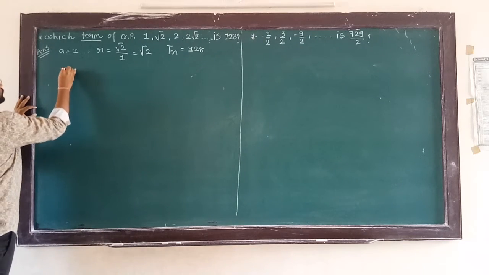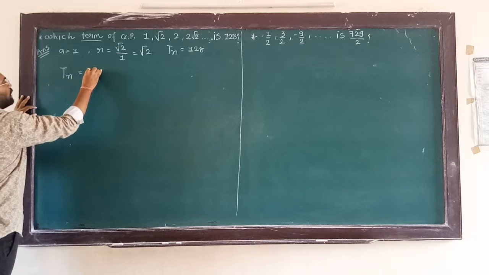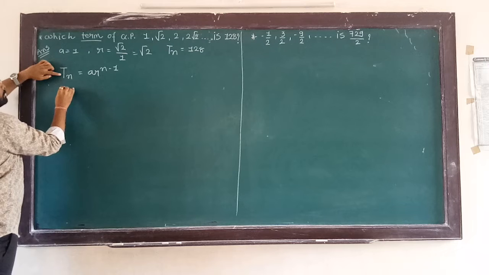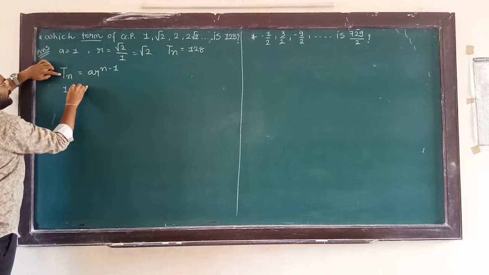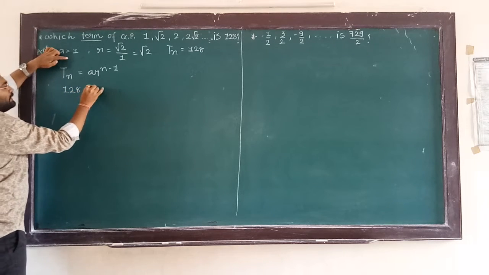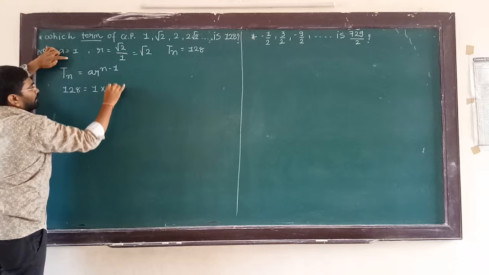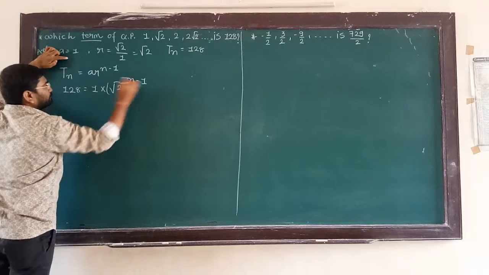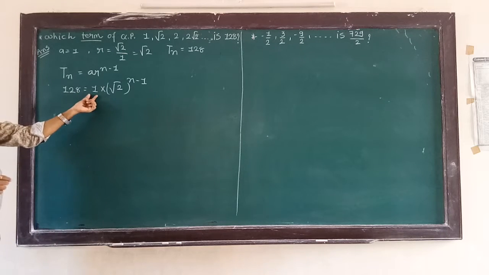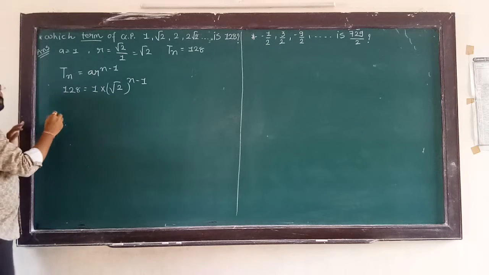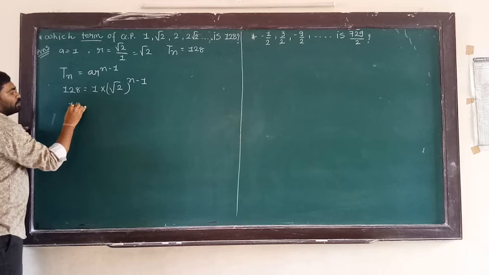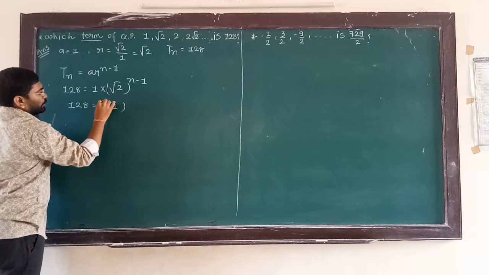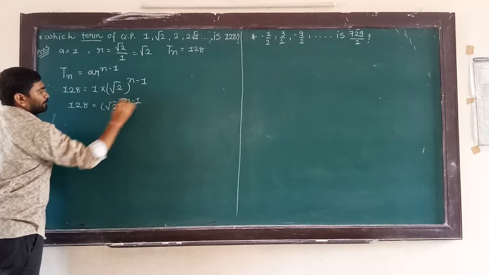Now starting from our formula, a r^(n minus 1). Here the term 128 is given, a means 1, and r means root 2, n minus 1. Now see the students, 1 multiplied by root 2 to the power n minus 1 equals 128.